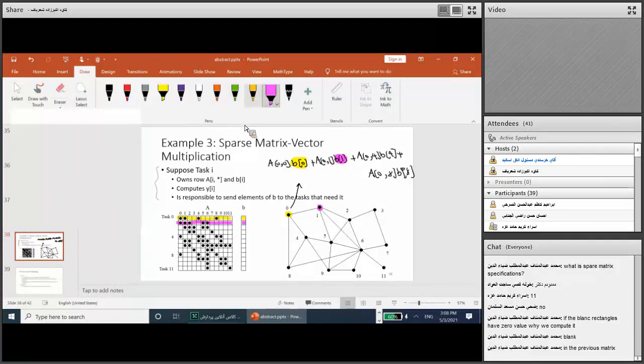Therefore, we should make a connection between two tasks that helps task 0 to obtain B1. And also for the two others, B4 and B8. Task 0 must connect to task 8 to get B8 and to task 4 to get B4. Itself, it only does this computation.